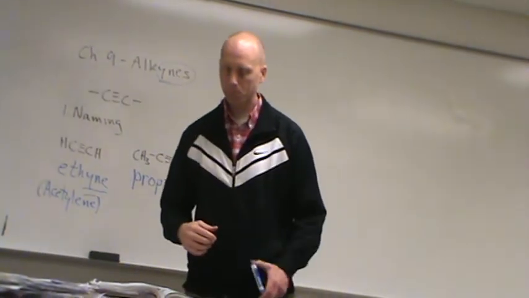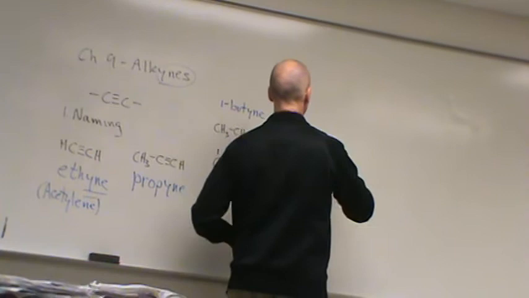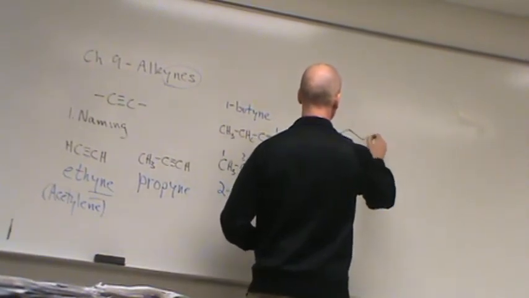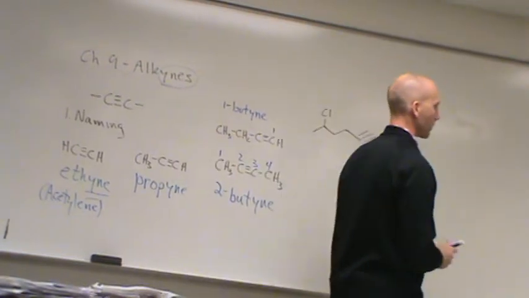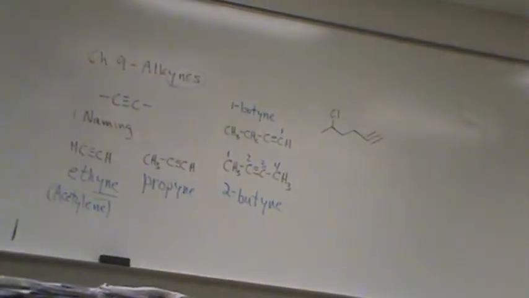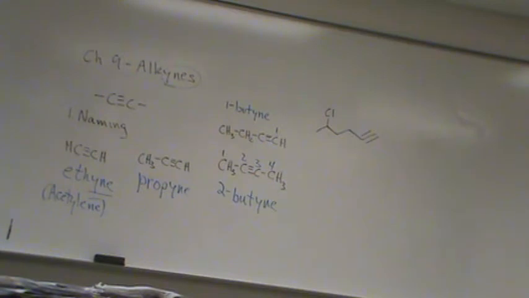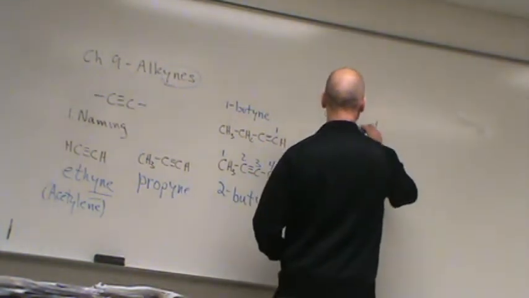Okay? The triple bond also carries some good priority with it. If I have a branch or a substituent, like a chloro group, the triple bond has priority.